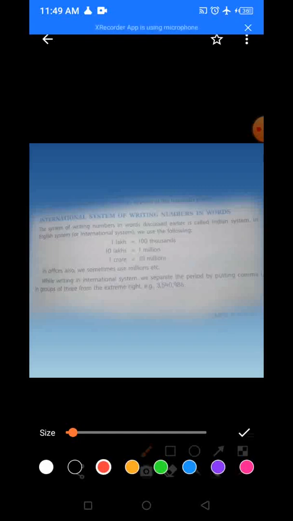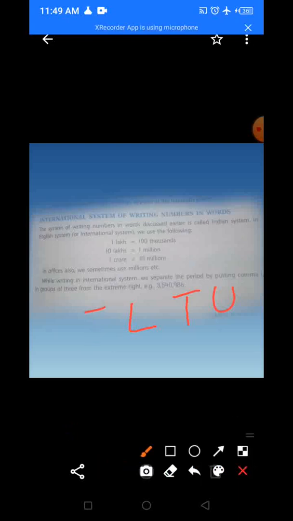See, we learnt about the unit period, then we learnt about thousand, then we have lakh, these are the place values. Okay, just wait.